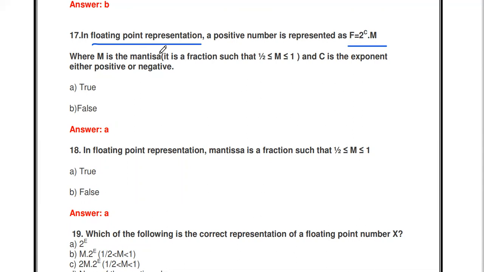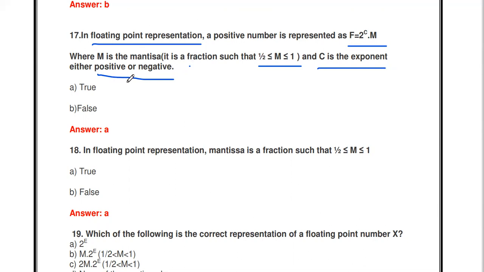The mantissa m is a fraction, and its value should be between 0.5 and 1, greater than 0.5 and less than 1. The exponent c may be either positive or negative.